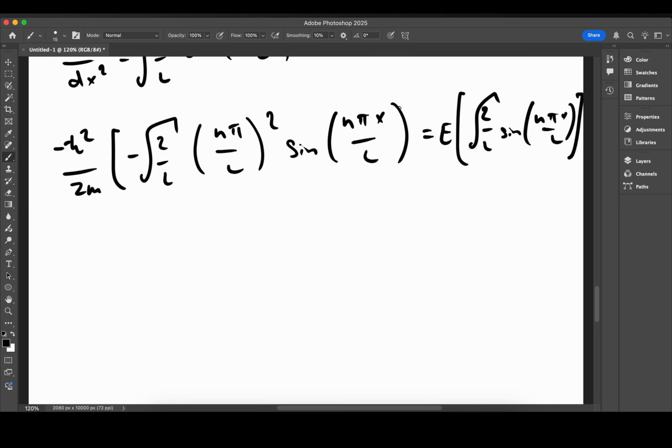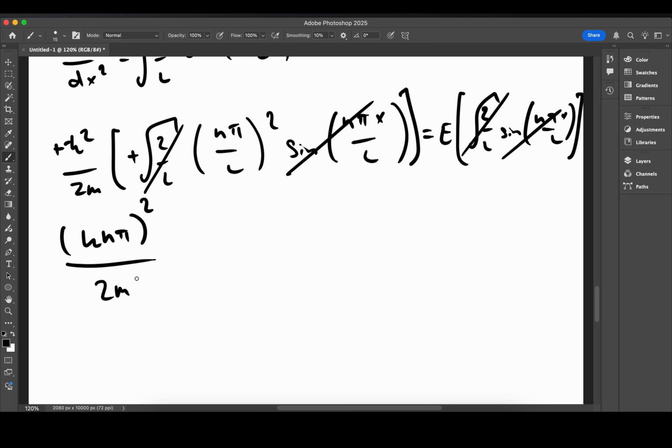The terms where we have a sine function go away, the terms where we have root 2 over L go away. All very nice. This negative sign goes away. Now we're just left with h bar squared n pi squared over 2mL squared equals E.